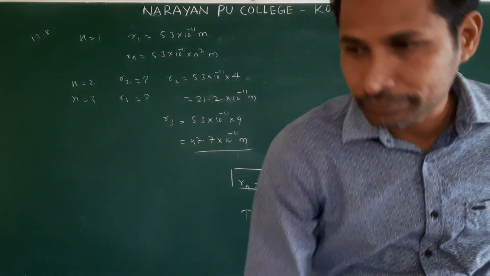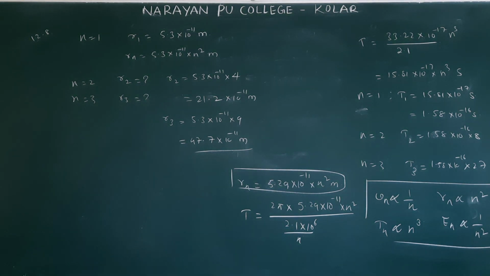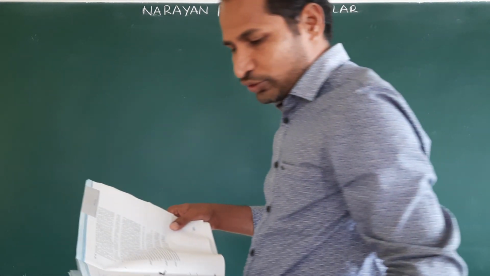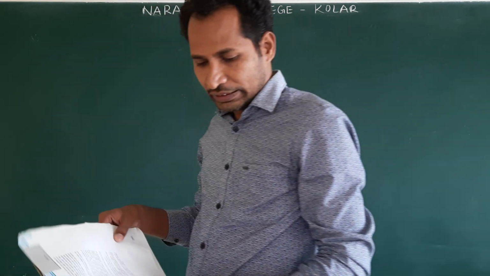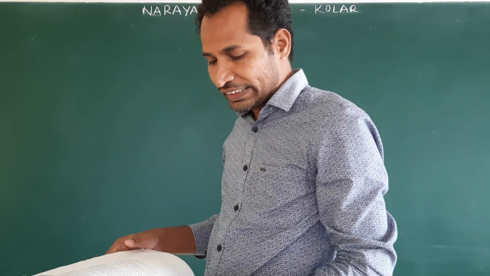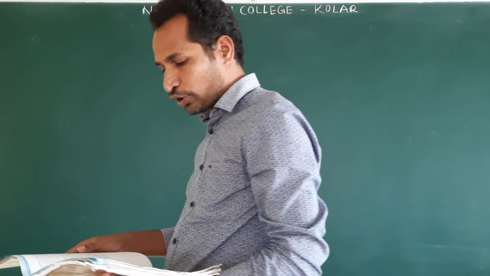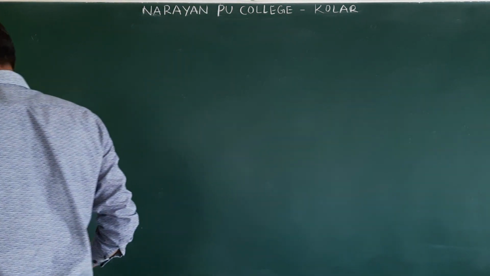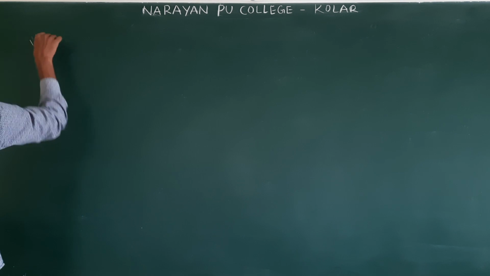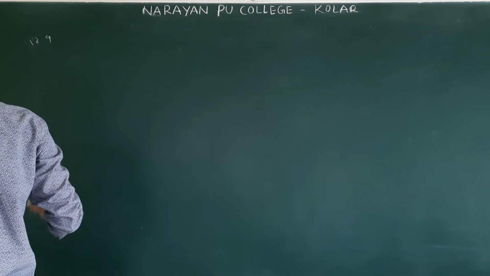Next, the ninth one. A 12.5 eV electron beam is used to bombard gaseous hydrogen atom at room temperature. What series of wavelengths will be emitted? So what is the energy of the beam?